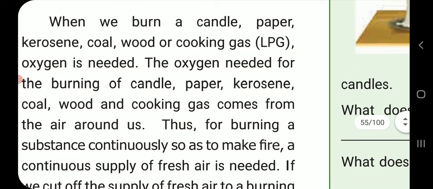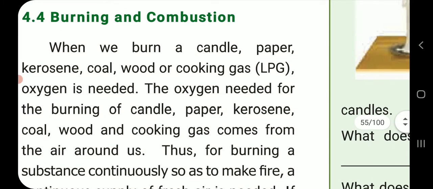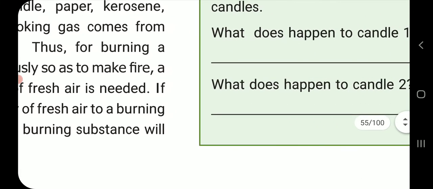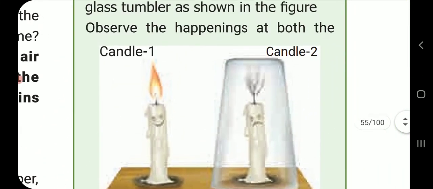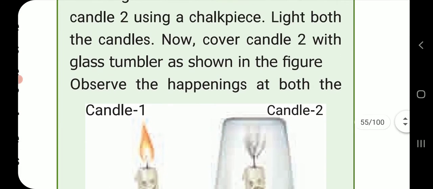Coal, kerosene, charcoal, LPG, for everything we need oxygen. If we burn any material, air is needed. This is an interesting activity which you can do at home.